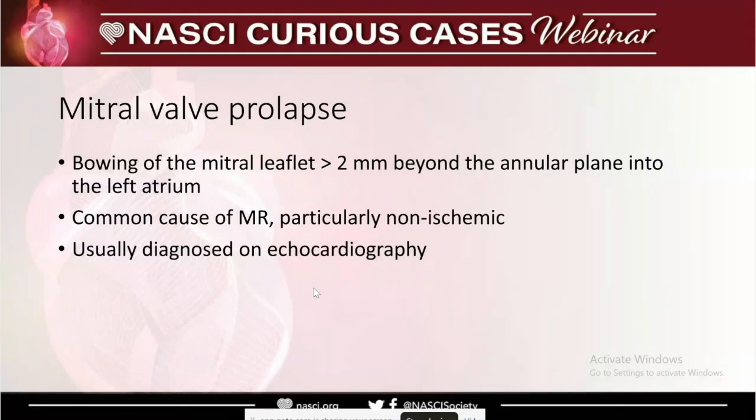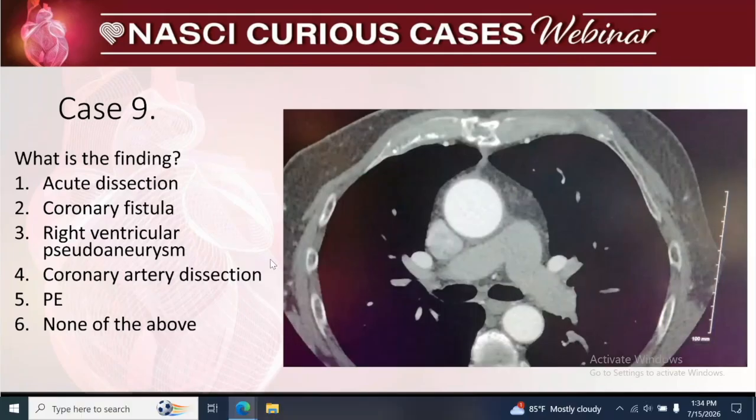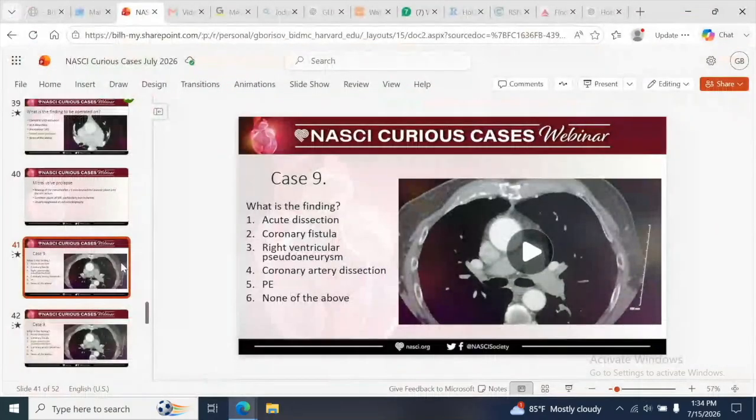It is a common cause of mitral regurgitation, especially if we're talking about non-ischemic causes, and usually we diagnose it with echocardiography and not on the CT, but here it was a very nice finding. Now we have another case, for which we need to decide if it's an acute dissection, coronary fistula, right ventricular pseudoaneurysm, coronary dissection, pulmonary embolism, or none of the above.